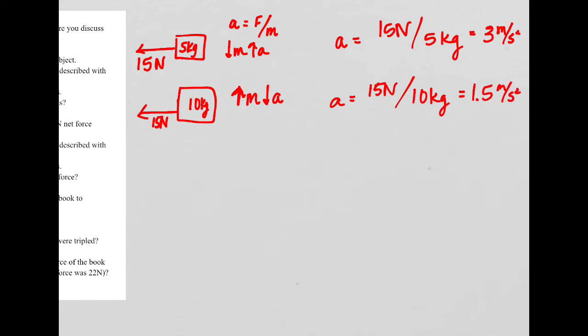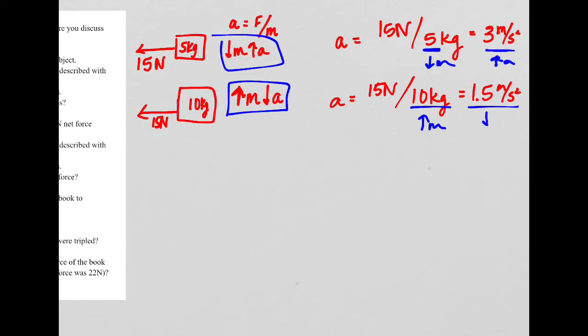So you could have done it mathematically if you wanted to, and then compared them. It does make sense. What I said without doing it mathematically, our inverse relationship does hold true. Here we have the smaller mass, so we have the larger acceleration. And here we have the larger mass and therefore the smaller acceleration. We can see this inverse relationship right there.